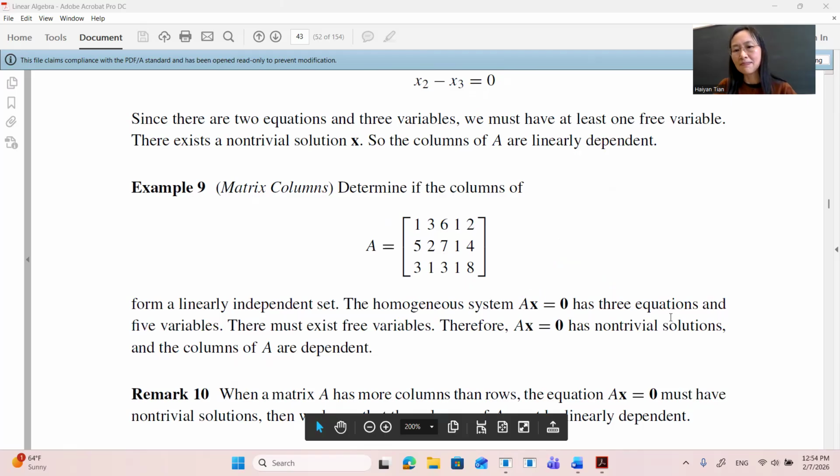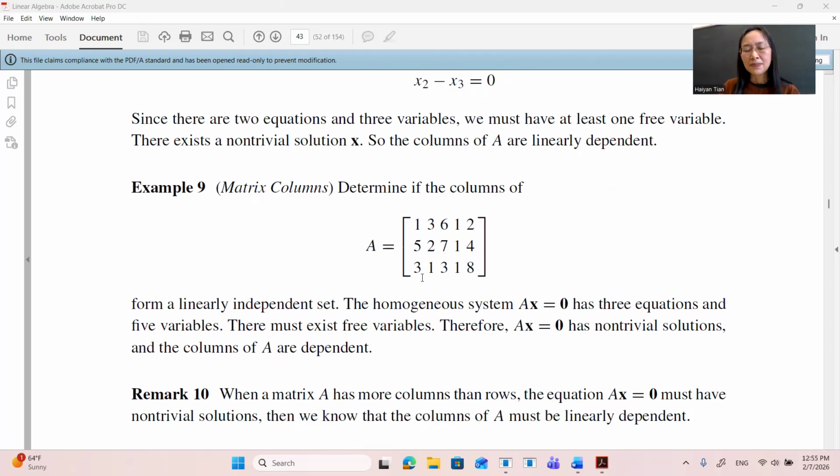But we know at least there must be free variables. Therefore, we must have non-trivial solutions. So if this homogeneous system has non-trivial solutions, then the columns of A are linearly dependent.